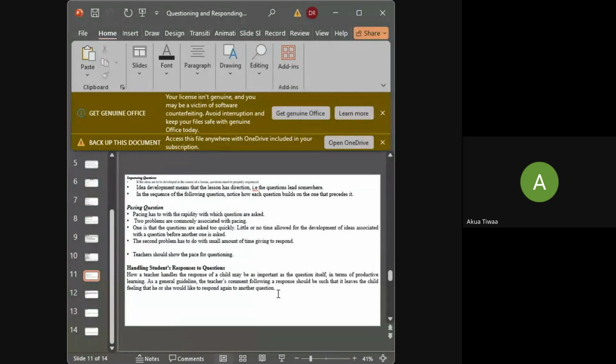Again, we are saying that in acknowledging a response, there are half a dozen or so common expressions that teachers use to acknowledge a response. All right. Yes, okay. These are all non-committal, non-evaluative utterances that simply recognize that the child has responded.